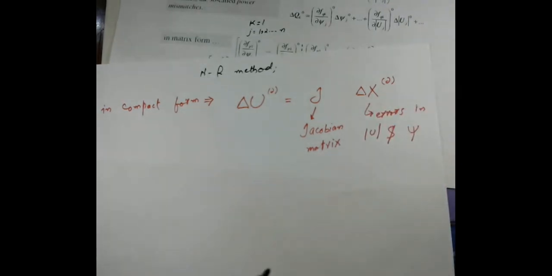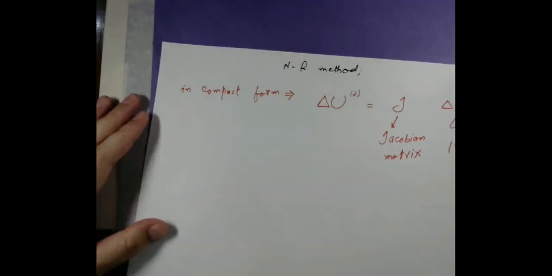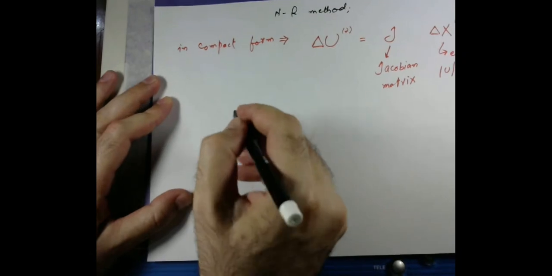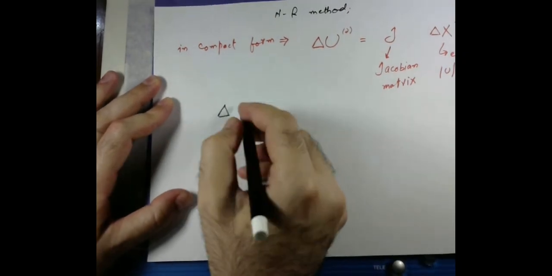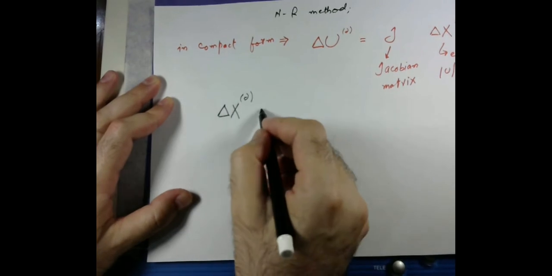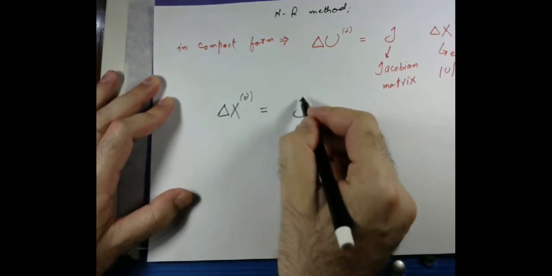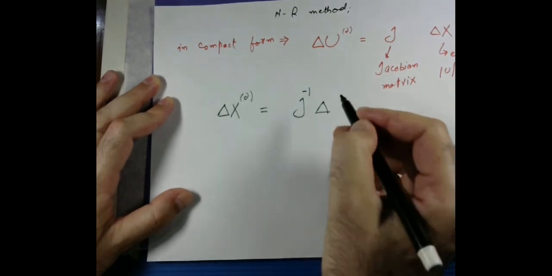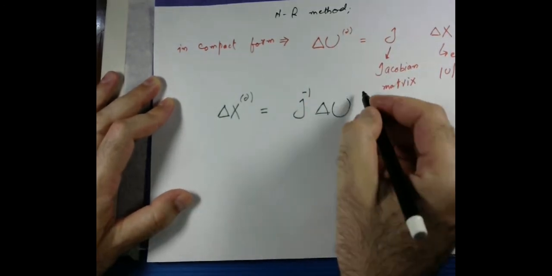So the error in the voltage and in the angle will be equal to the inverse of the Jacobian matrix times the power mismatch.